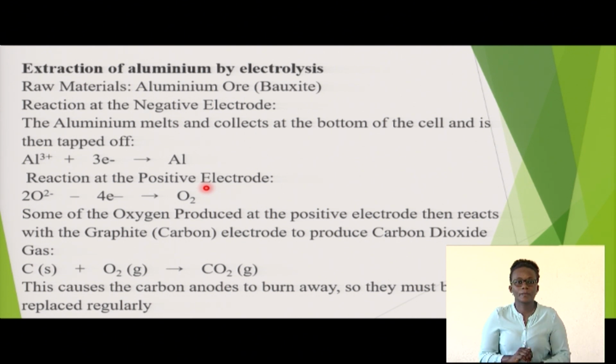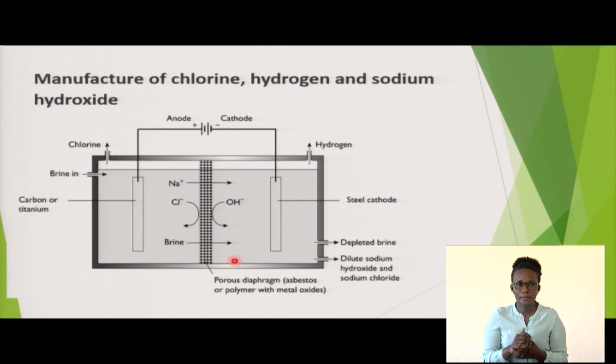Therefore, the anodes have to be replaced from time to time. Why? Because the carbon reacts with oxygen to produce carbon dioxide. So that is why the anode has to be replaced from time to time as the electrolysis process goes on.